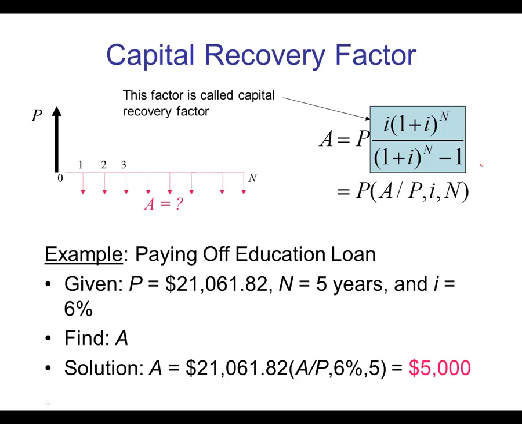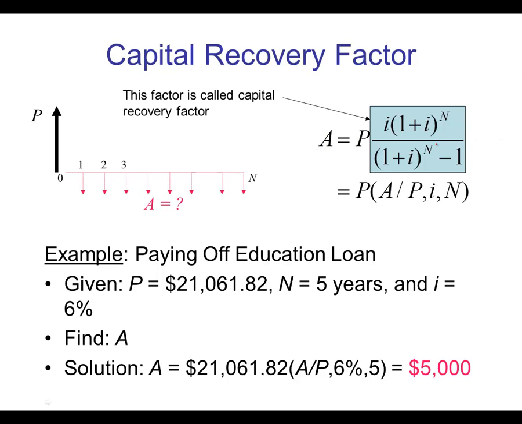And again, I got this from the basic equation that we started with last time with the annuity. So always we start with the basic equation, and then we start extracting the other variables that I need from that equation. And that's what we did with the compound amount factor, with the sinking fund factor, and with the capital recovery factor.